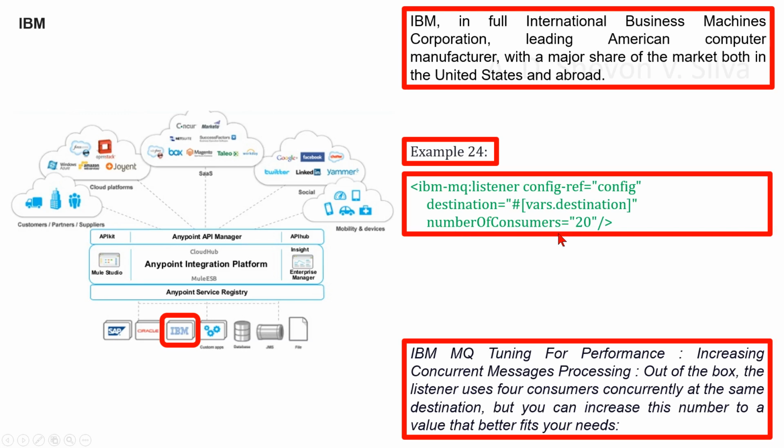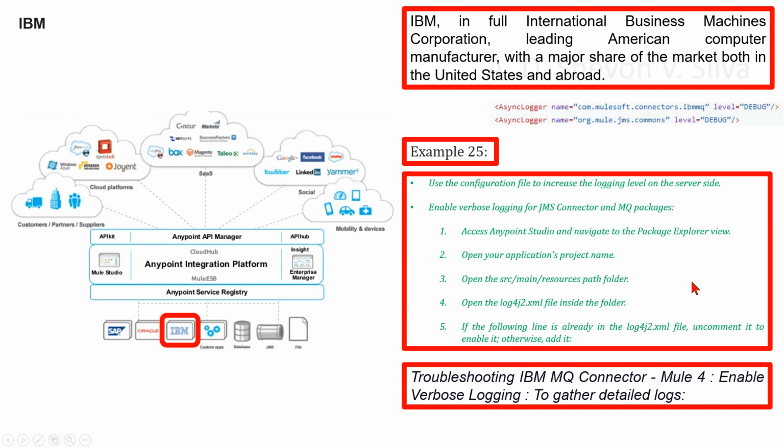Out of the box, the listener uses 4 consumers concurrently at the same destination, but you can increase this number to a value that better fits your needs. Increasing the number of consumers is the easiest way to improve the throughput of your listener's destination.